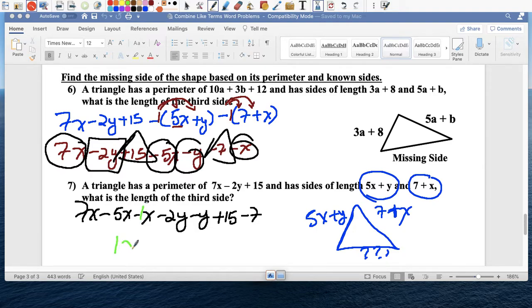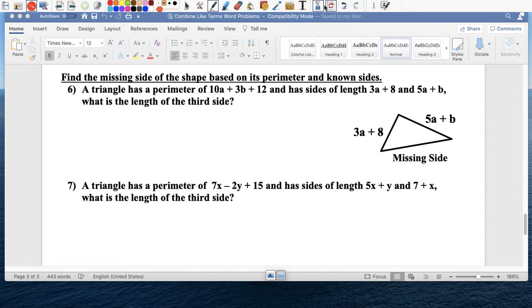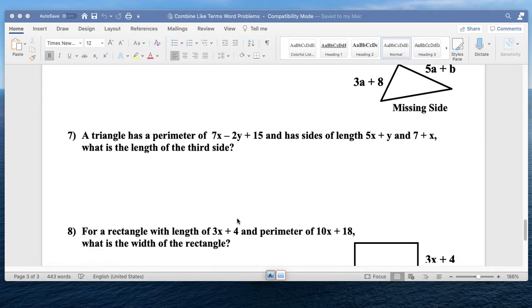It's just 1x, or just x. Negative 2y minus y, remember you can put a 1 again, so it's negative 2 minus 1, negative 3y. 15 minus 7 is just positive 8. So that missing side of the triangle, that's what it is.